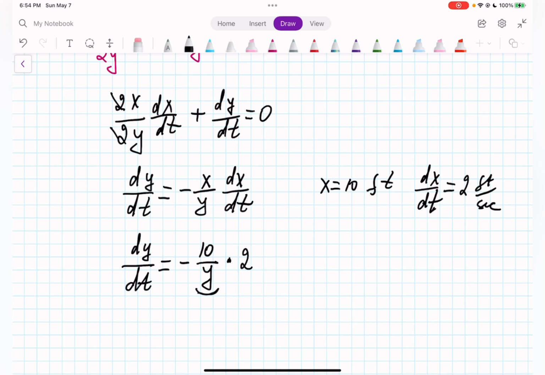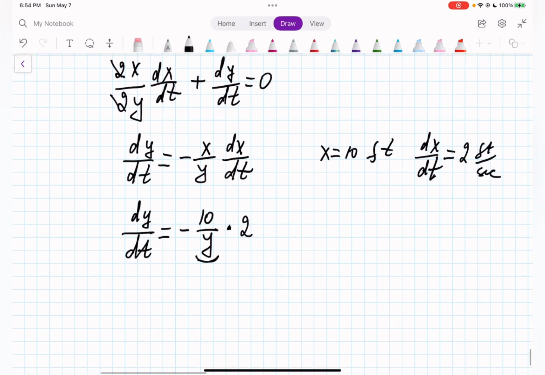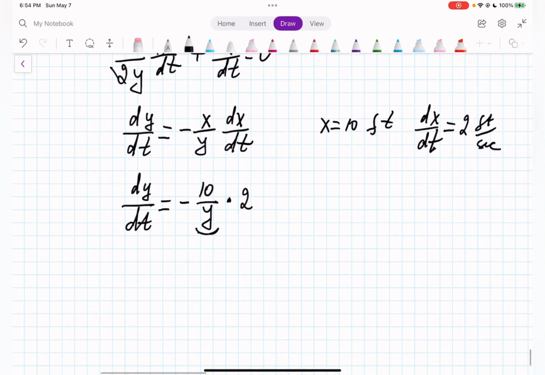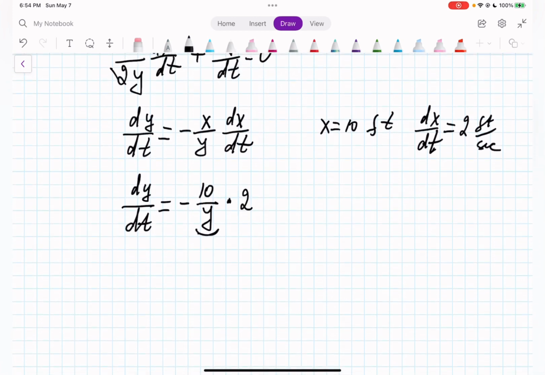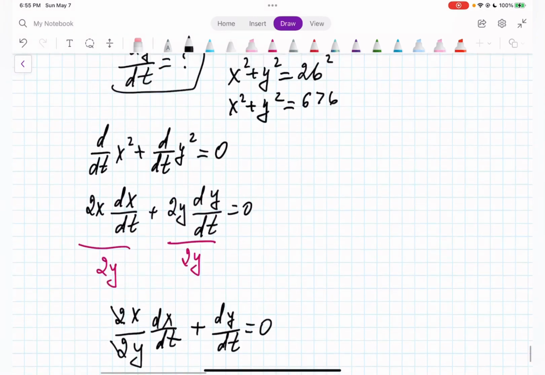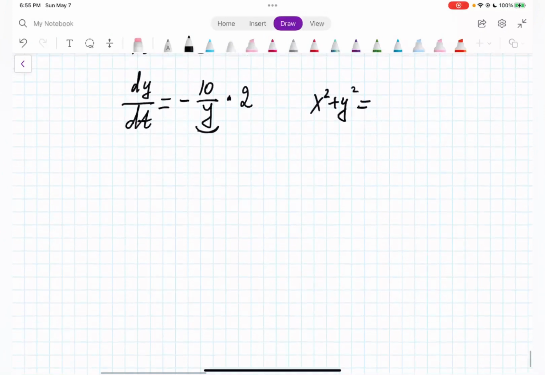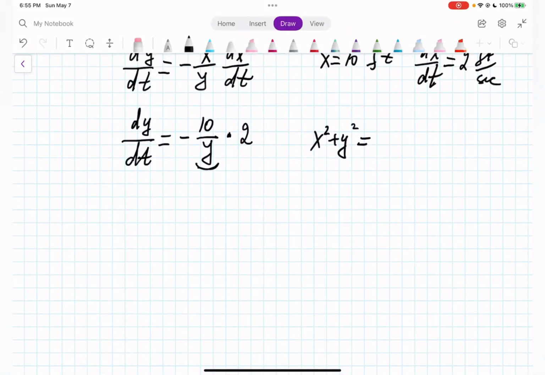How can we find y? I'm going back to our Pythagorean theorem: x squared plus y squared equals 676, or we might as well just put 26 squared. It will be easier to work with.